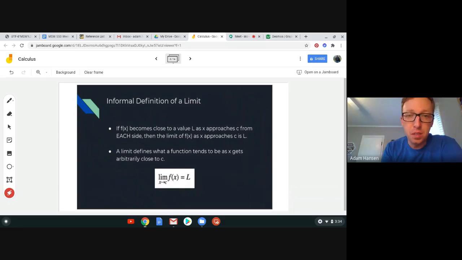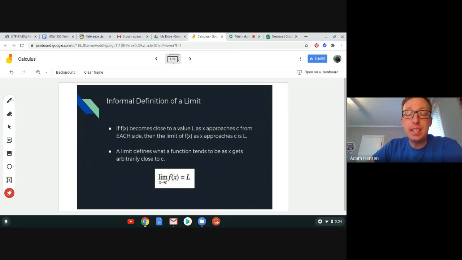So what this means is if f of x becomes closer and closer to L as x approaches c from either the left or the right, from both of the two sides, as I get closer to c from values less than c, as I get closer to c from values greater than c, if the function gets closer and closer to that value L as x approaches c, then the limit of f of x as x approaches c is going to be equal to L. Something to keep in mind is a limit defines what a function tends to be equal to.